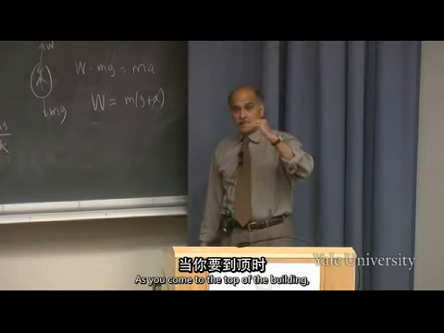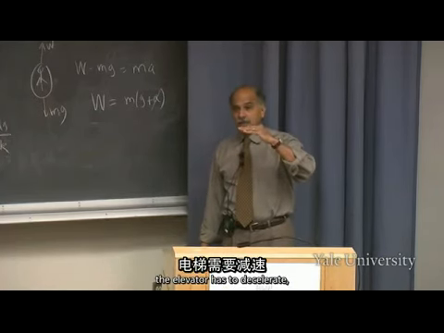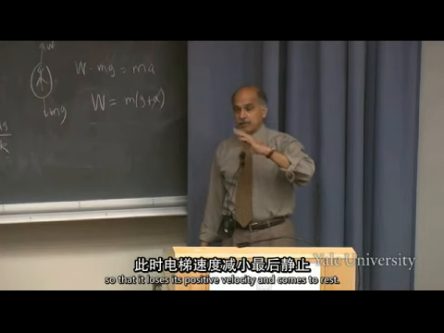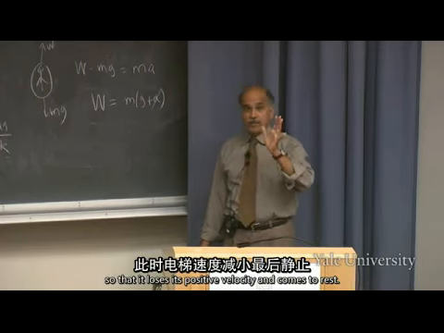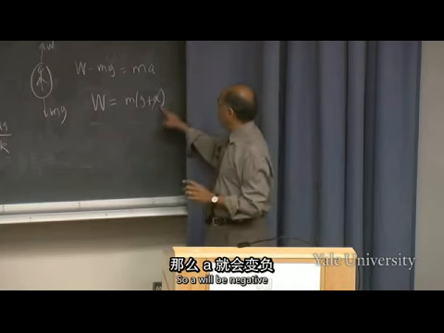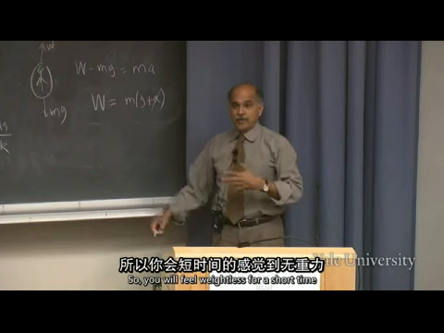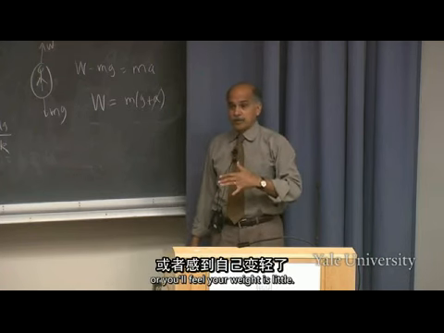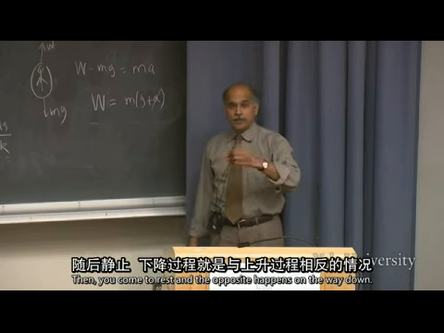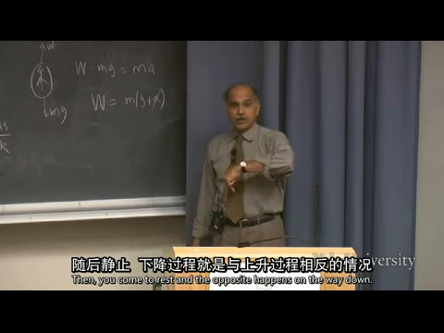As you come to the top of the building, the elevator has to decelerate so that it loses its positive velocity and comes to rest. So a will be negative and W in fact will be less than mg. So you will feel weightless for a short time, or you will feel your weight is little, then you come to rest. Then the opposite happens on the way down.